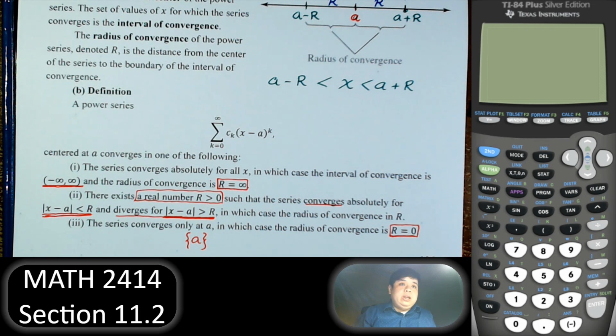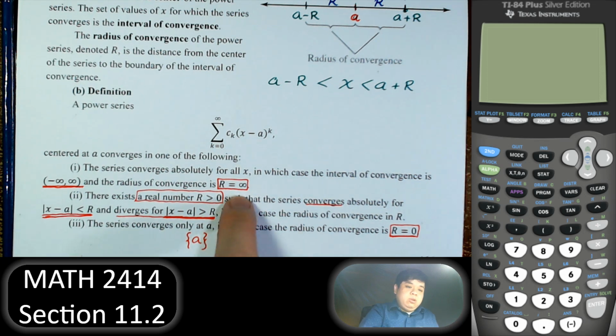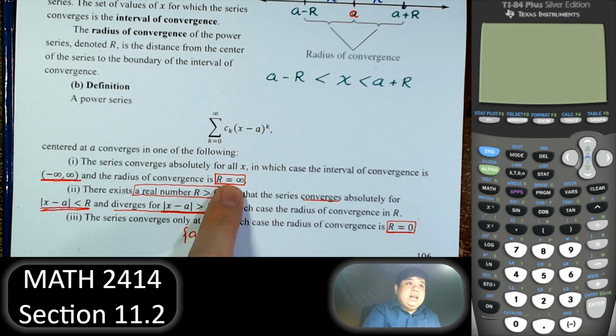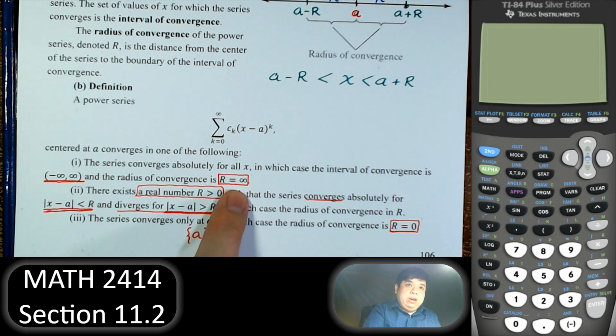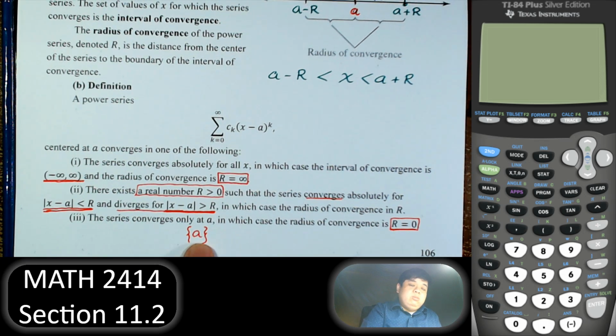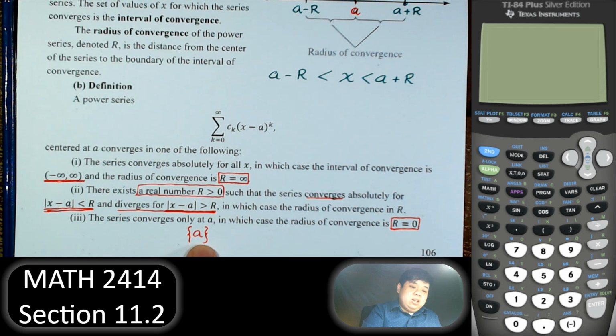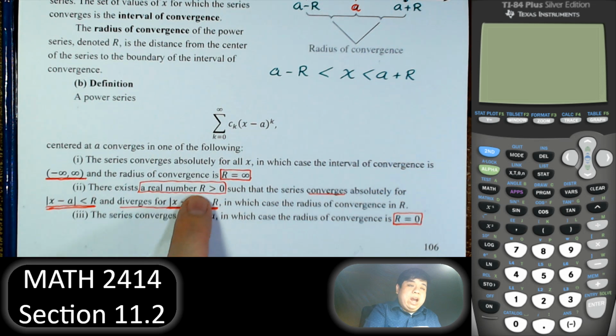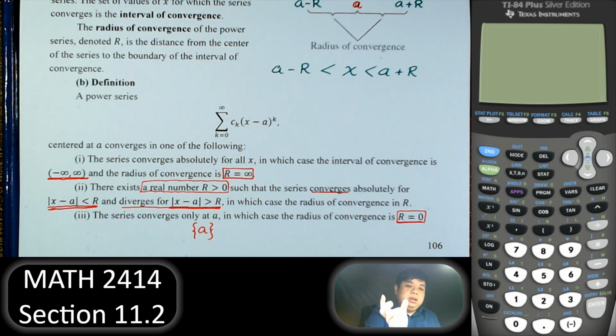Right, so radius of convergence, 3 scenarios: all real numbers, where the radius is equal to infinity; equal to 0, where the interval of convergence is just an isolated point; or anything between 0 and infinity. In that case, we do have an interval, and we do need to check the boundary.